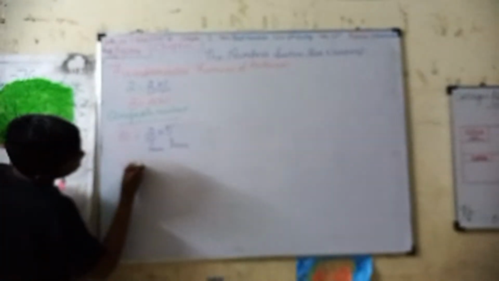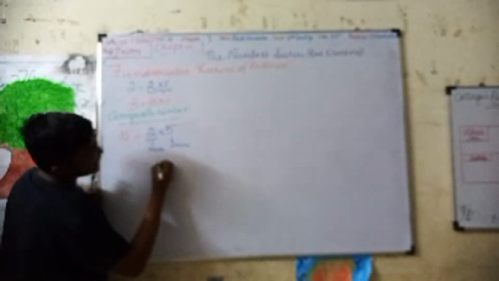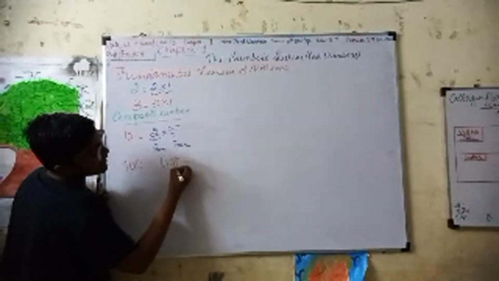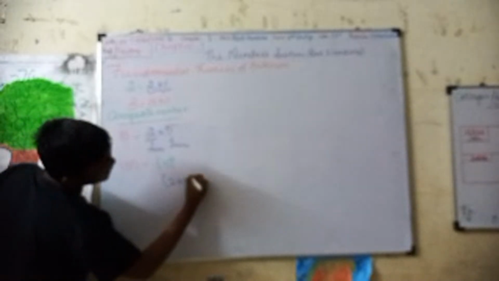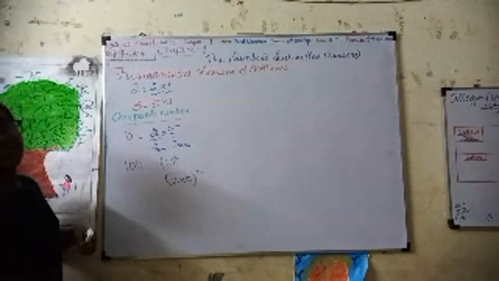Next, let's take 100. What is 100? 100 can be written as 10 square. We all know this basic. 10 the whole square is 100. We know that 10 is 2 into 5. So can we replace 10 with (2 into 5) the whole square?